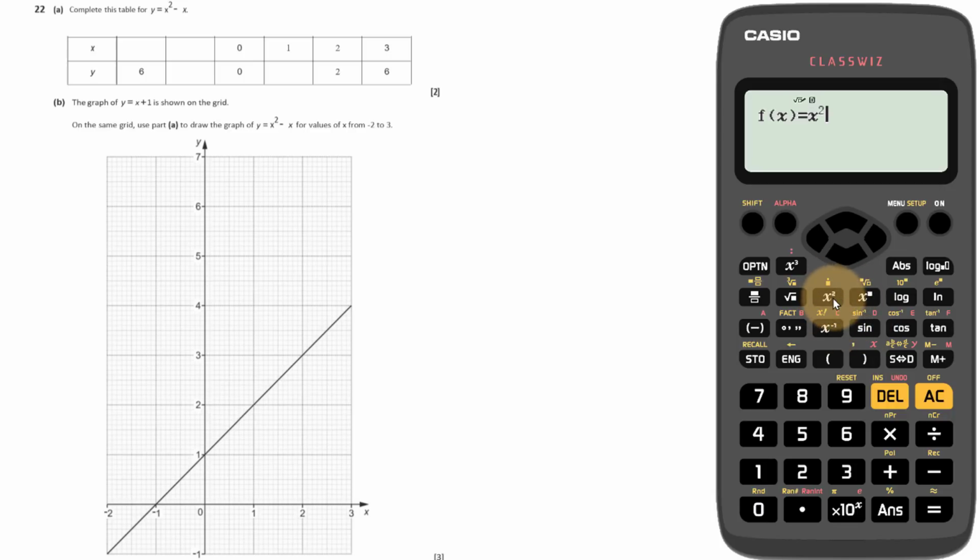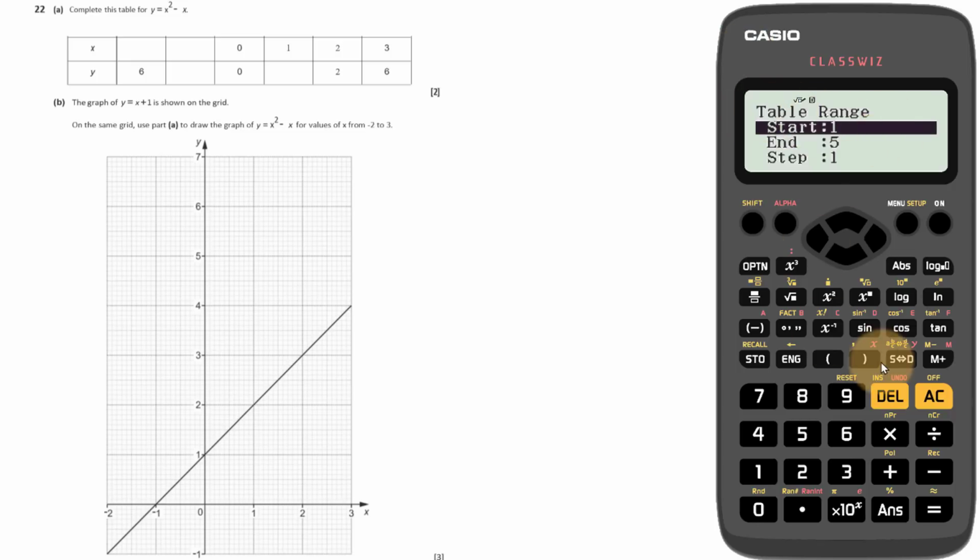So x squared minus, and then alpha x again. Okay, so x squared minus x. Press enter. You're going to get g of x appear. Now we've only got one function to type in this time, so we can leave that one blank for now, and then press enter again.